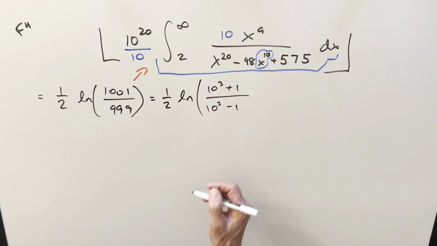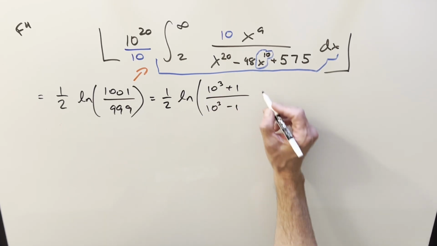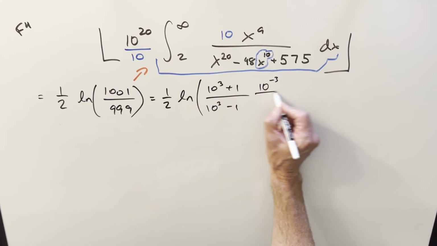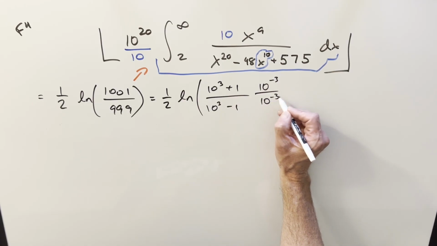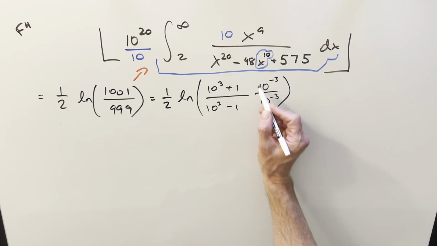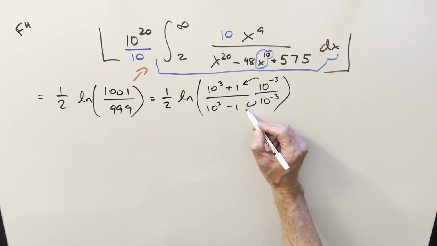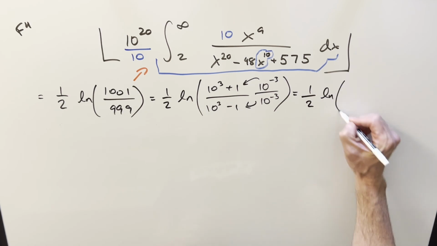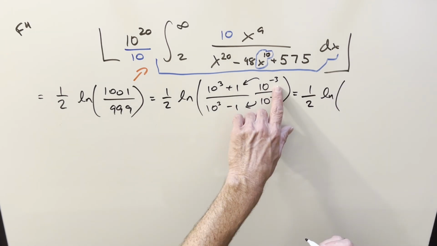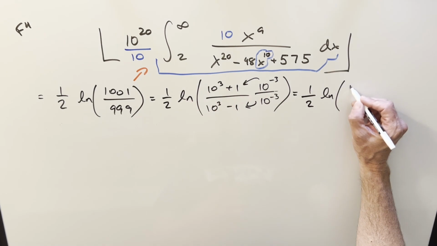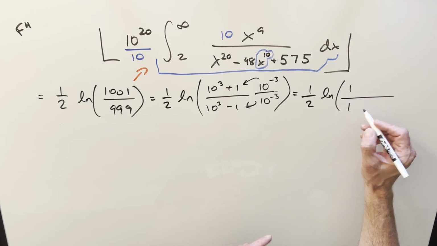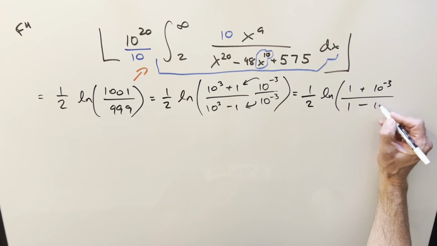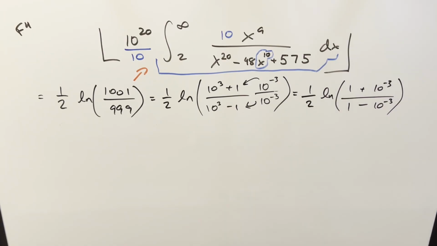Then this step's a little weird, but I want to kind of reverse it, so I'll multiply in 1, distribute, multiply, and do all that. With exponent properties, we're going to have 10 to the 0, or 1. Just like this, we'll have 1 plus 10 to the minus 3, and then 1 minus 10 to the minus 3.